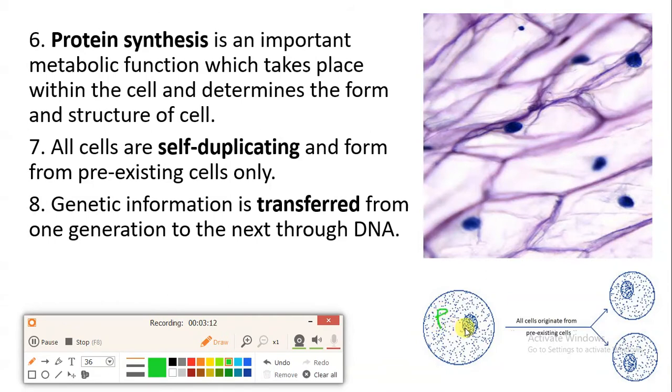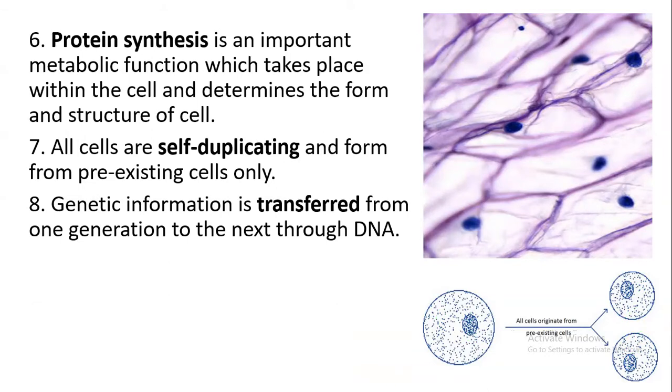This parent cell nucleus is going to divide into two. The nucleus is going to replicate, the DNA is going to replicate, and further the nuclear division is going to take place, and later the cytoplasmic division takes place. So this is how two daughter cells are formed from the one parent cell. This is how the flow of information takes place from parents to the offspring.